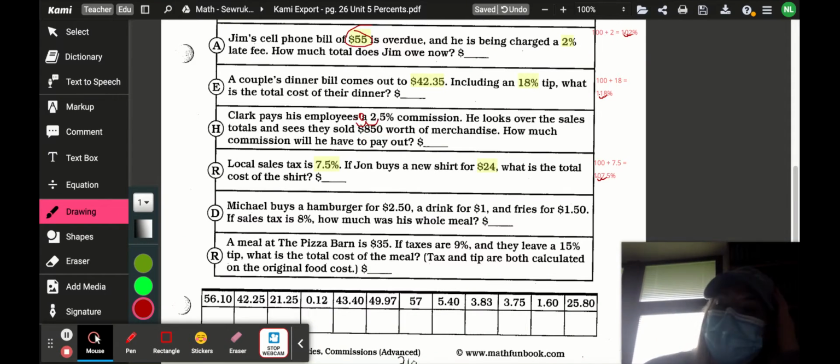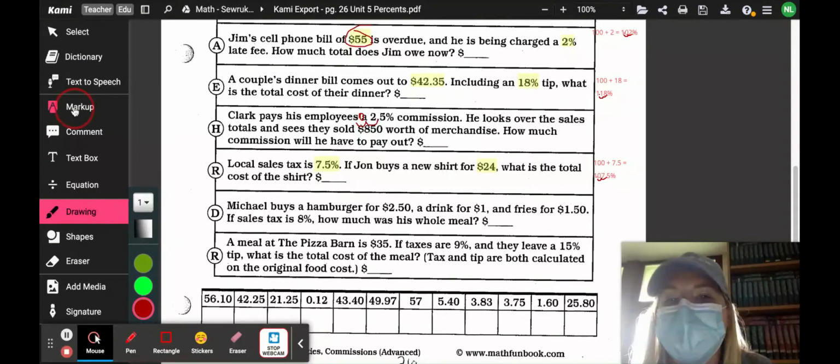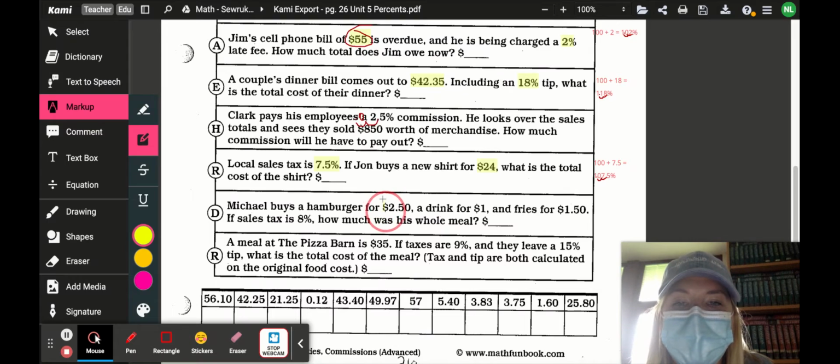All right, last two questions. Michael buys a hamburger for $2.50, a drink for $1, and fries for $1.50. All right, if his sales tax is 8%, how much is his whole meal? So we're looking for the total cost of the meal. We first have to add up his hamburger, his dollar drink, and his fries.